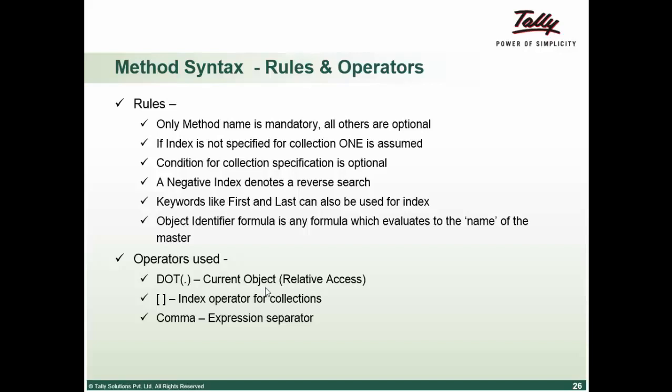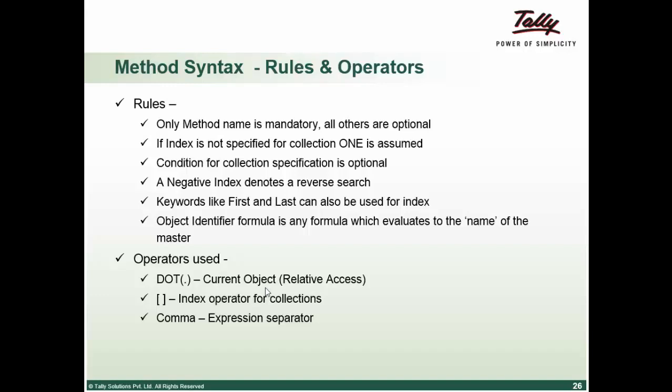Object identifier formula can be any formula which evaluates to the name of the master. So if you have noticed, we provide object type and object identifier. What is the unique thing in every ledger? The ledger name. What is the unique thing in every stock item? Stock item name. What is the unique thing in every group?